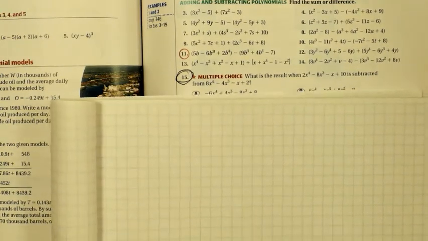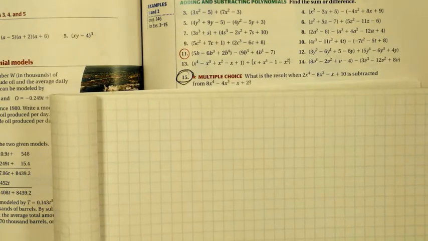And that is the fact that it says 2x to the fourth power is subtracted from 8x to the fourth. So if you don't necessarily read carefully, you might write the first polynomial first, and then subtract the second one from that. But the question is actually telling me the opposite.